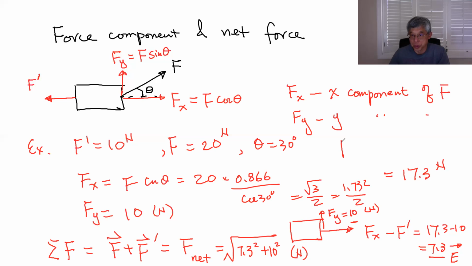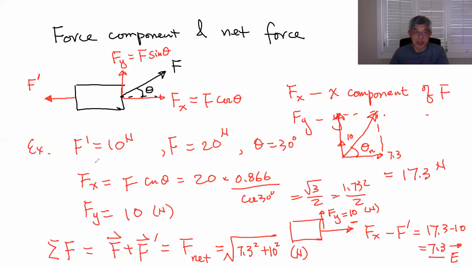So we're going to redraw it here. We have 10 going this way, and we have 7.3. Oh, it's a little too long, so I'm going to make 10 a little longer. Then this angle is going to be right there. You can compute this theta for the net, so I'm going to call that theta net.